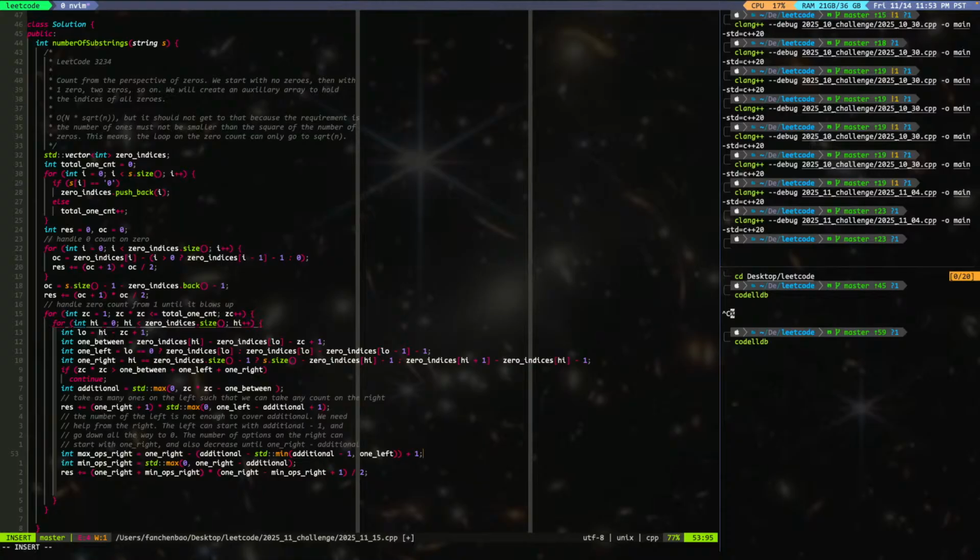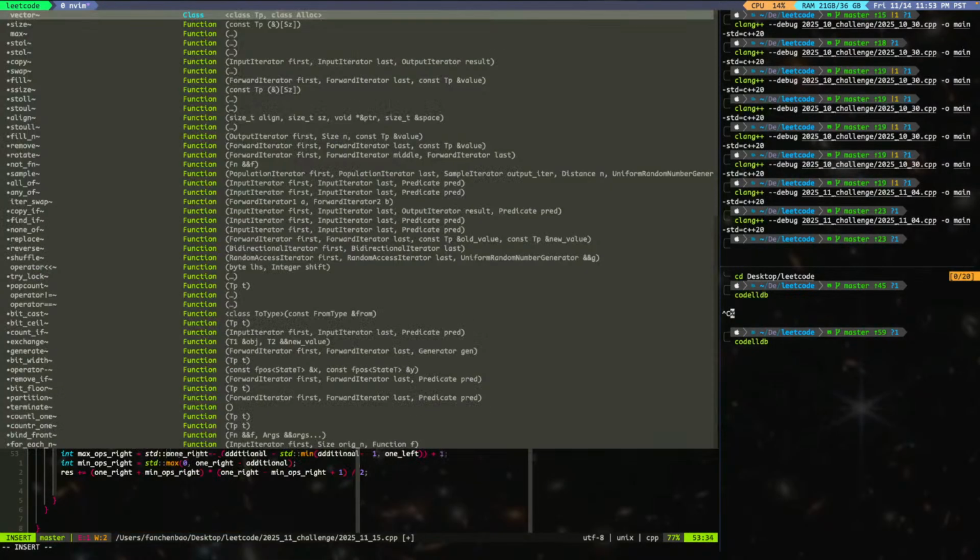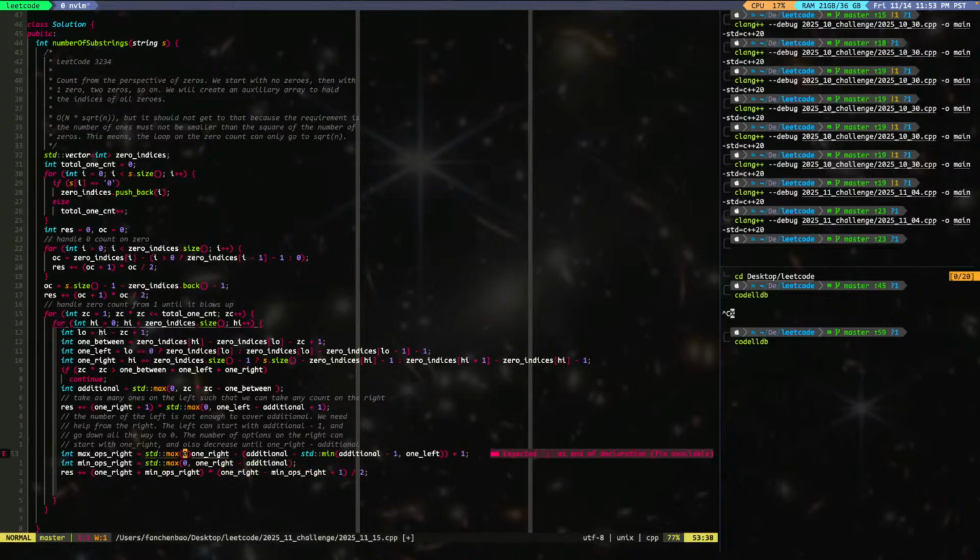Now this might become 0, so I need to also do a std max of this and this. Right, so this is the max operation on the right.